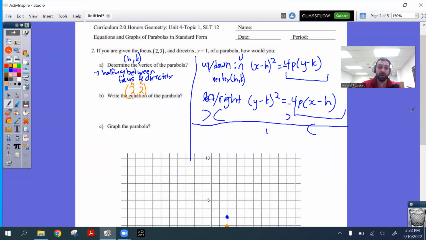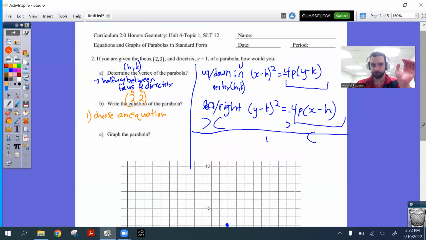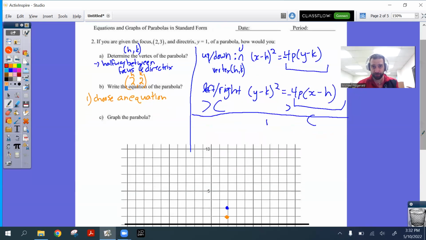So step 1 is choose an equation. Let's go to red. We're going to be choosing the up-down equation. That's this one. So we'll say (x minus h) squared is equal to 4p times (y minus k).